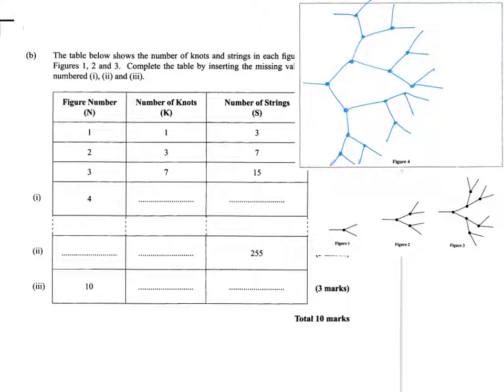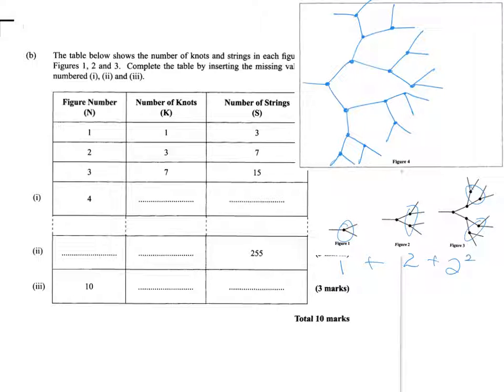So if we look at the pattern in the knots, we can see that in figure 1 we have 1 knot, and each knot then splits and gives us 2 more. Then each of these 2 gives us 2 more and 2 more, and so we go. So this would be 1, this would be 2, this row would now add on another 2 squared, 2 by 2.